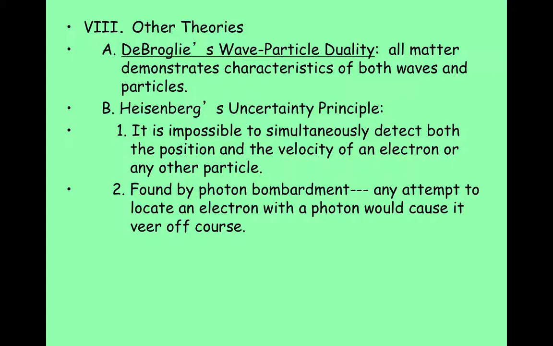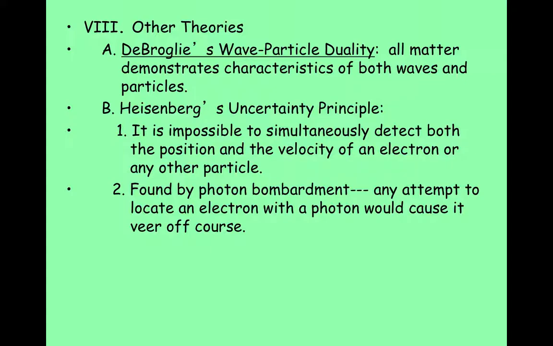So basically, it was impossible to hit the electrons with these photons, and so Heisenberg figured that there's just too much energy being carried in this system, and we can't know the position and the velocity of an electron or any other particle.